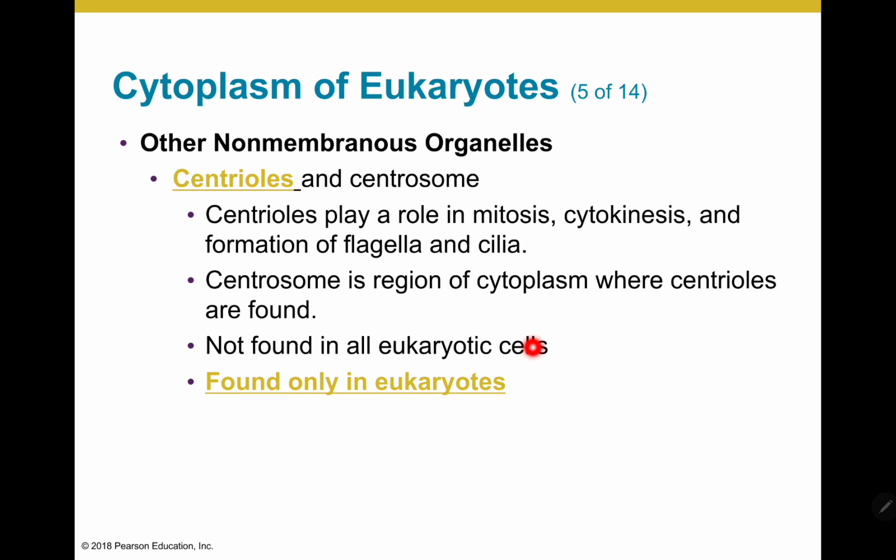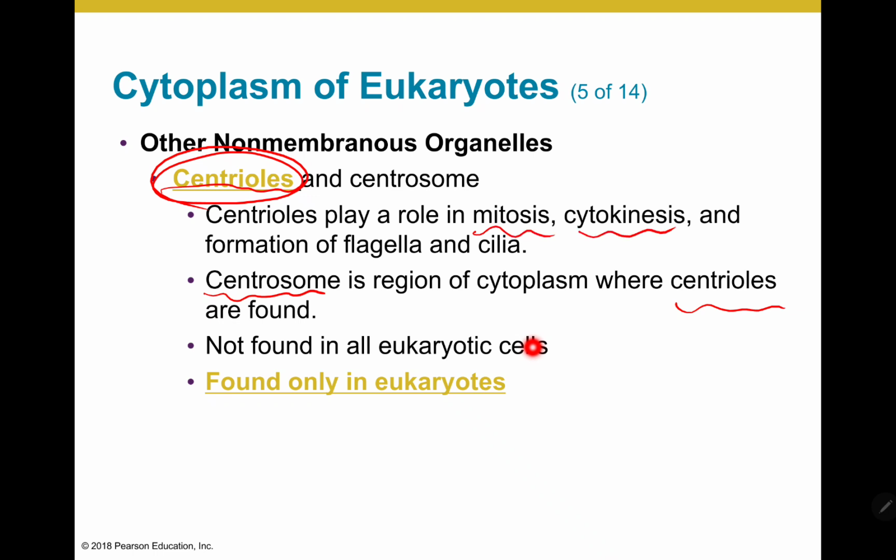Okay, so centrioles. Remember centrioles. We talked about these before, centrioles and centrosomes. I should say the centrosome first. Centrosomes are these regions, these organelles within the cytoplasm that are typically close to the nucleus. This is where you find the centrioles. The centrioles are those spindle fibers basically, so they play a huge role in mitosis, cytokinesis, and things like that.